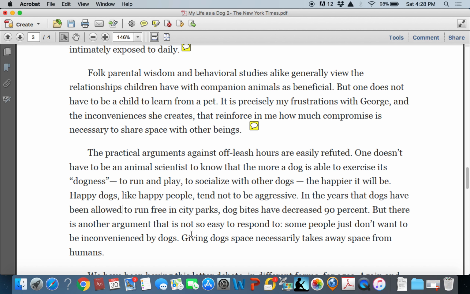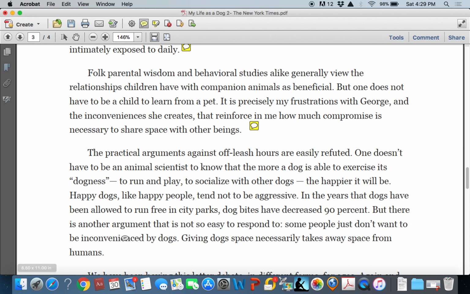Happy dogs, like happy people, tend not to be aggressive. In the years that dogs have been allowed to run free in city parks, dog bites have decreased 90%. But there is another argument that is not so easy to respond to. Some people just don't want to be inconvenienced by dogs. Giving dogs space necessarily takes away space from humans.